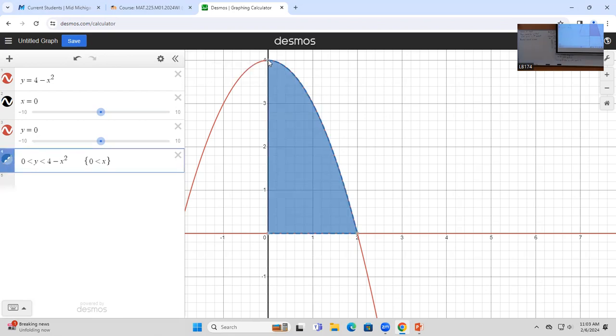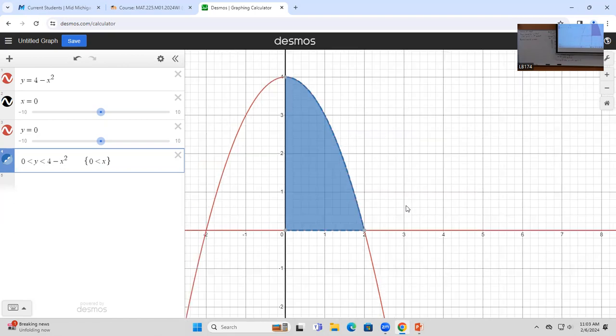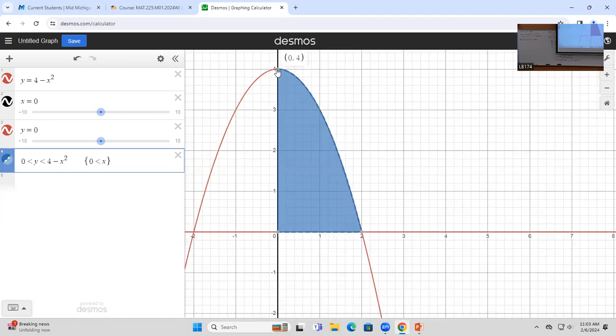Now let me highlight the points. There's 3 points there. 0 for the origin and 2, 0, where they intersect.